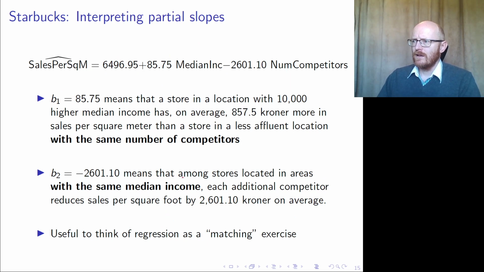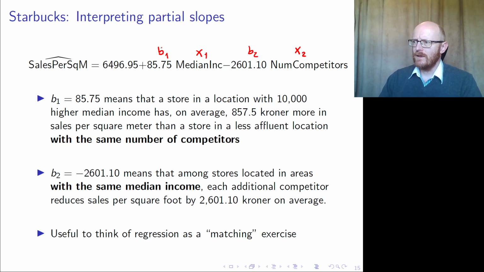Okay, so if we interpret the partial slopes for our example, then for example, B1 is for median income, which is x1, and B2 is negative 2,601, and the number of competitors would be the x2.